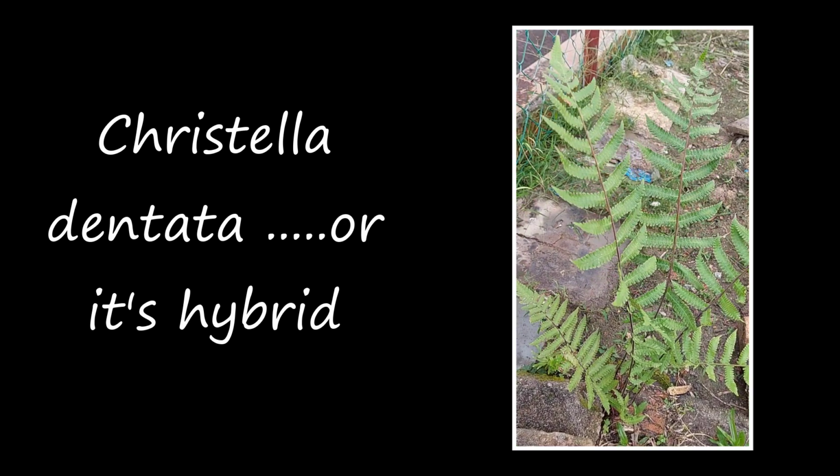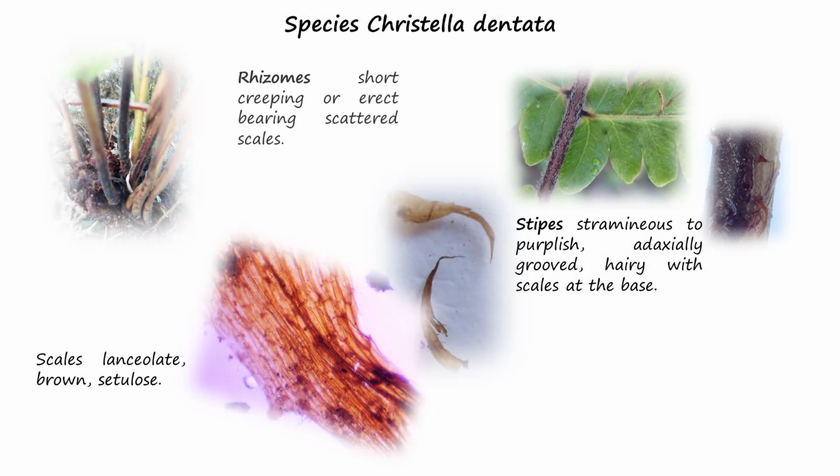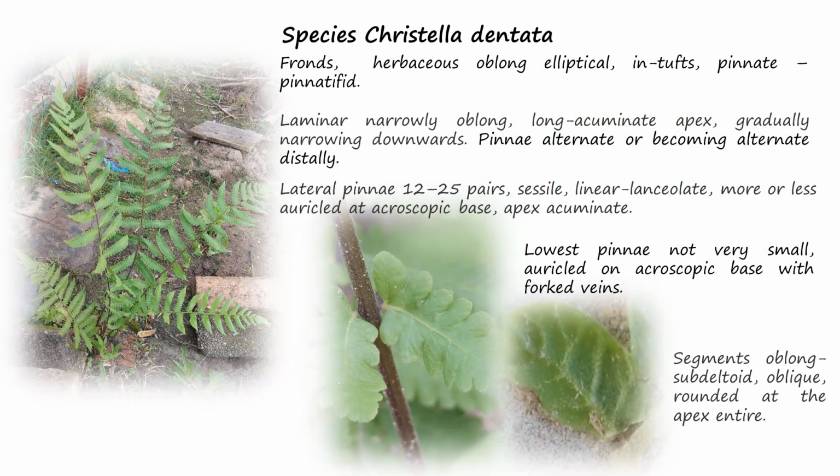Its identity as Christella dentata was based on rhizomes, short creeping or erect, bearing scattered scales, stipes stramineous to purplish, axially grooved, hairy with scales at the base, scales lanceolate, brown, setulose, fronds herbaceous, elliptical, in tufts, pinnate-pinnatifid, lamina narrowly oblong or elliptic, having an acuminate apex and gradually narrowing downwards.